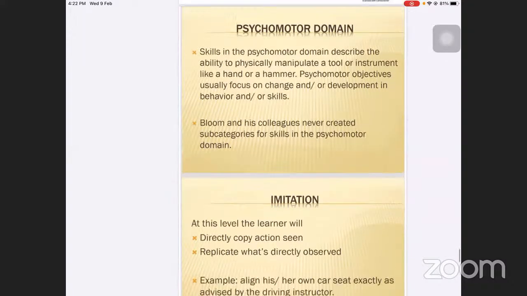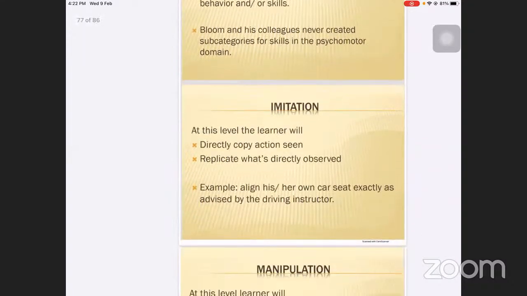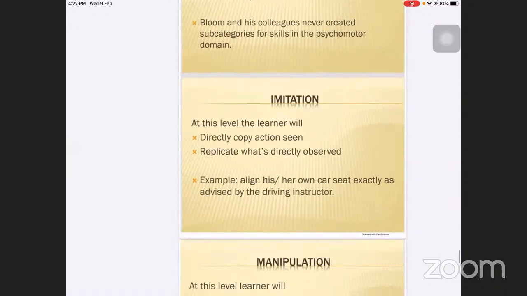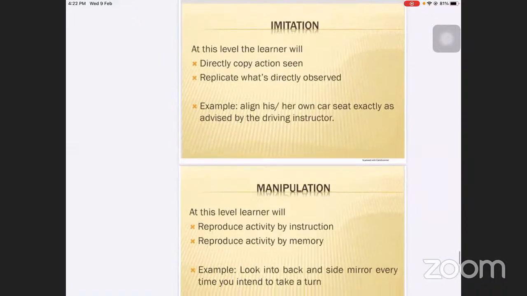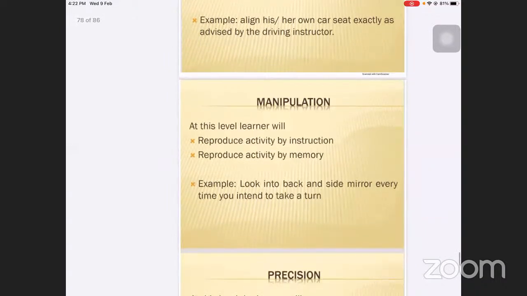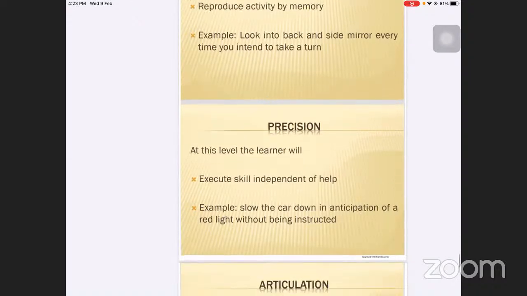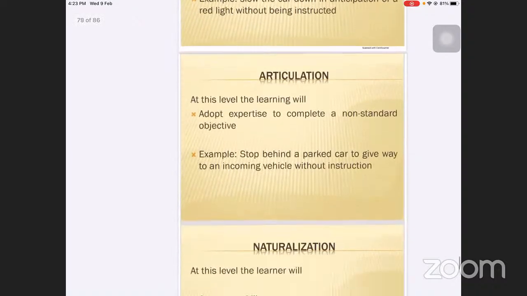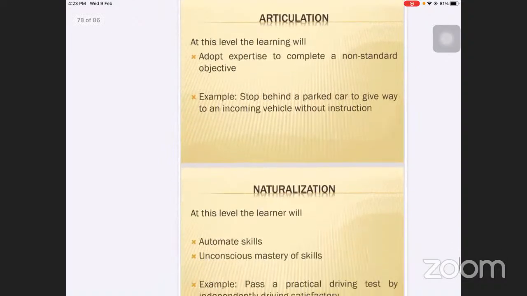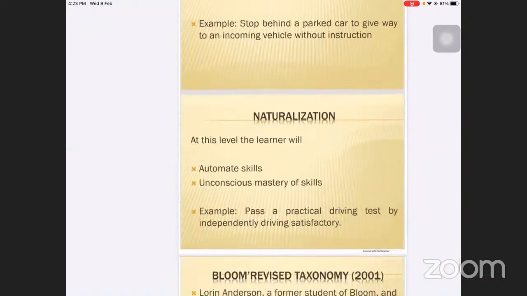and ultimately the students imitate all the things that you have developed in the personality of the students, manipulate it, reproduce it, precise. Sometimes whenever needed, he can make certain corrections and execute these all skills in daily life, articulate it, naturalization, that is, it becomes practical.